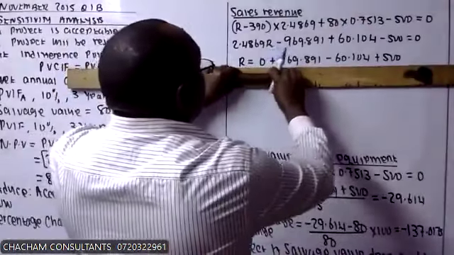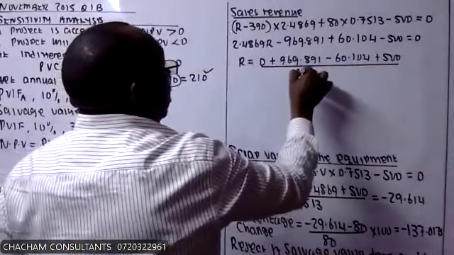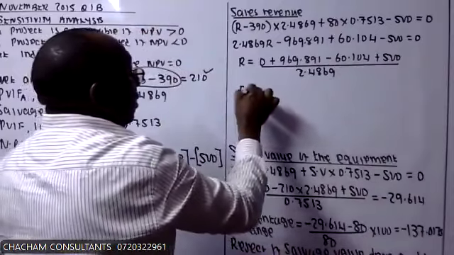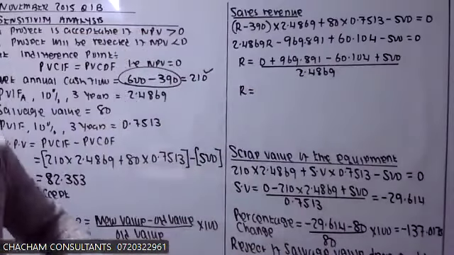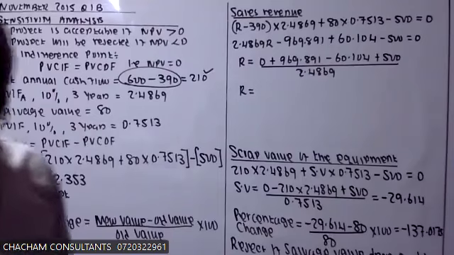All those, I will divide them by 2.4869. So 969.891 minus that answer plus 500, I divide by 2.4869. Tell me you are getting what?